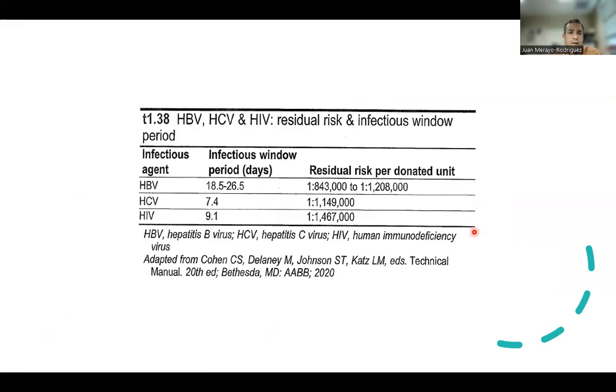When we look at hepatitis C, for example, the window period is the shortest, about a week, and the residual risk is about 1 in 1.1 million. If you look at HIV, the window period is about 10 days, and the residual risk is considered to be 1 in about 1.5 million. And this is published in the 20th edition of the technical manual.